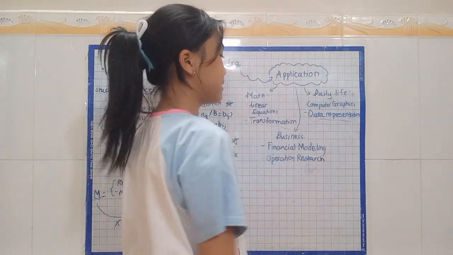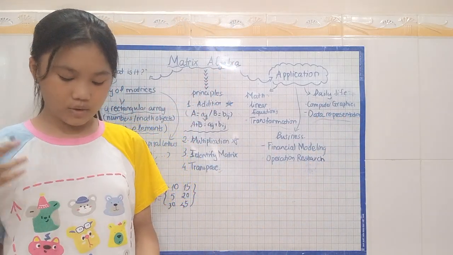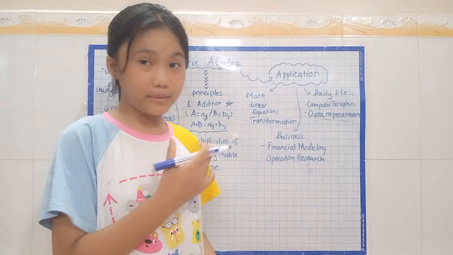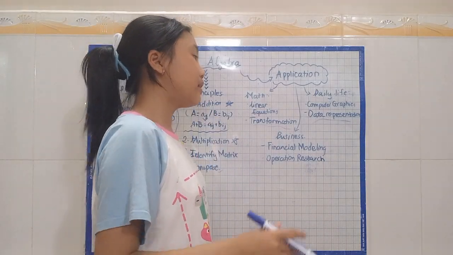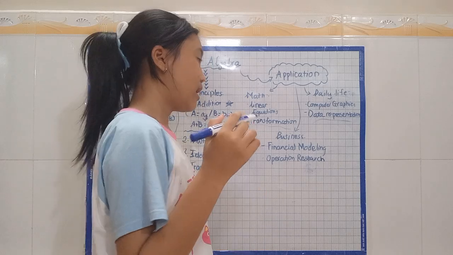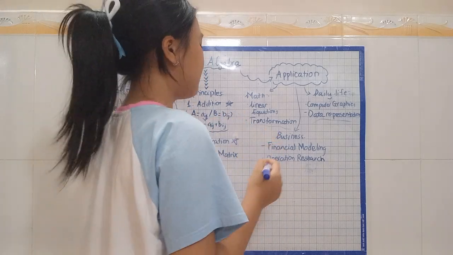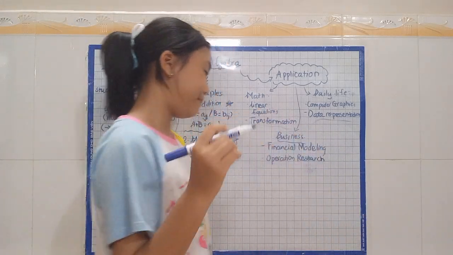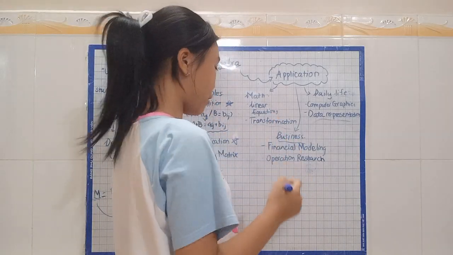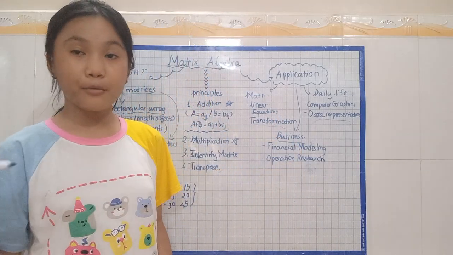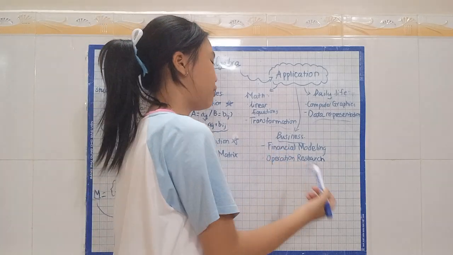Next, data representation. It could be used to store and manipulate data, and it's a really clear way to represent data. Lastly, but also the most important, is business. It could be used to model and solve problems relevant to financial modeling.